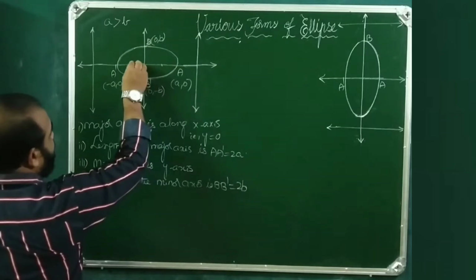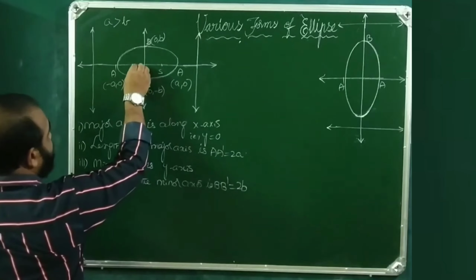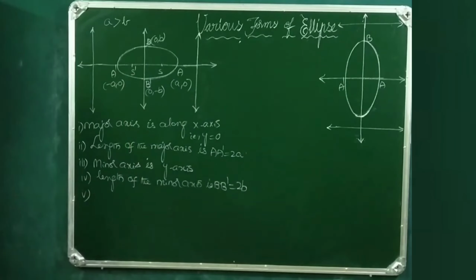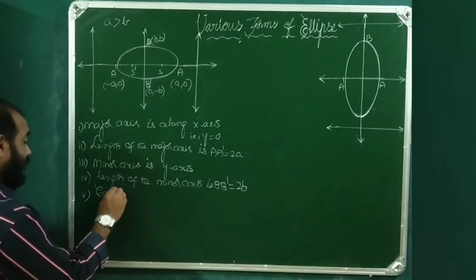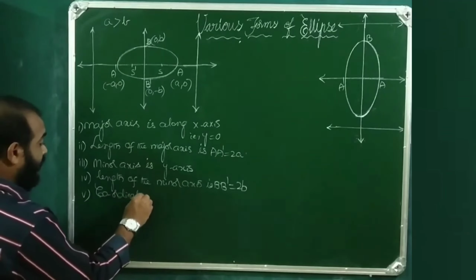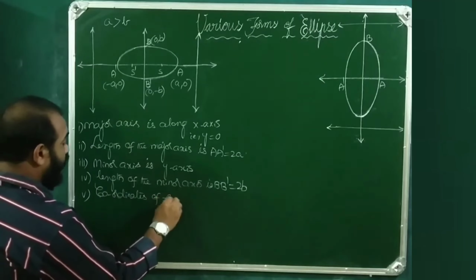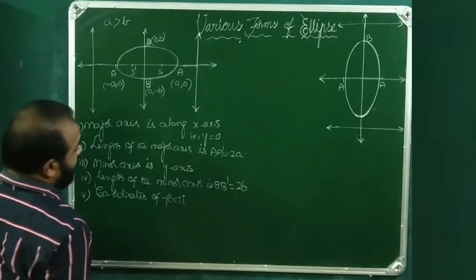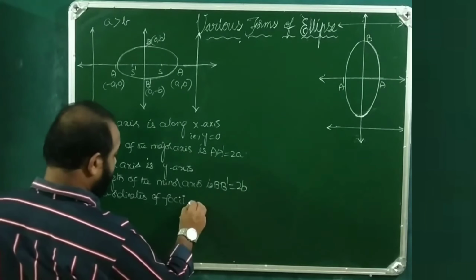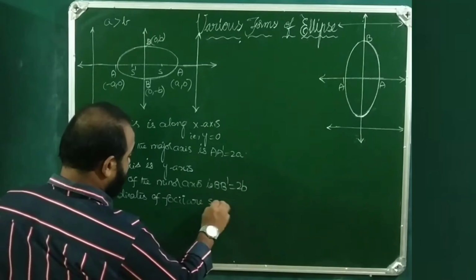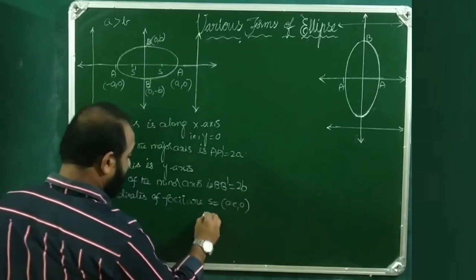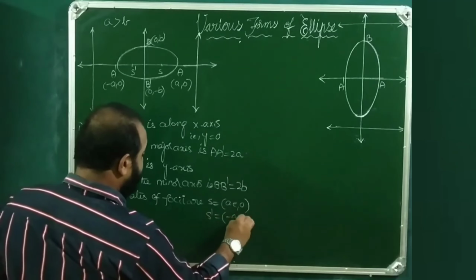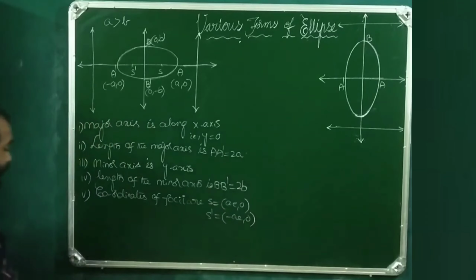So, what are these S and S dash? S and S dash are the foci. So, the coordinates of foci are S: ae comma 0, and S dash: minus ae comma 0.